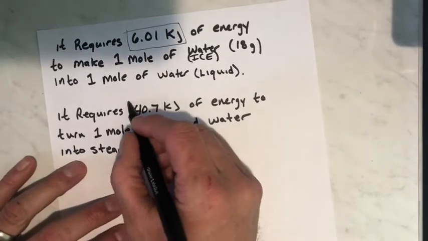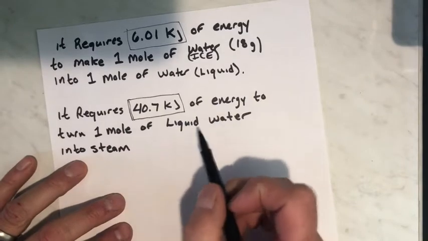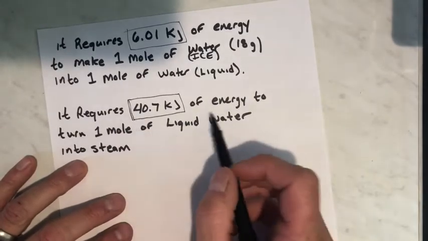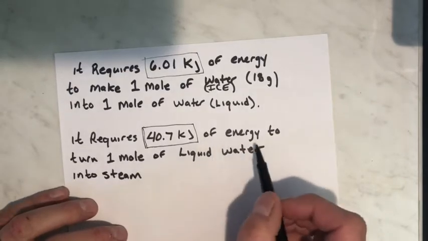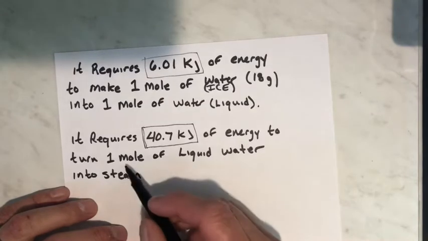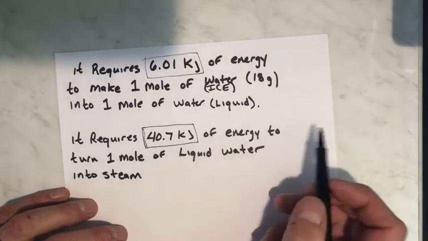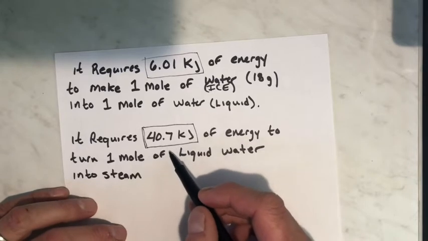And then this is known as the molar heat of vaporization right here, 40.7. It's a big number, right? And it requires a lot of energy to go between liquid and vapor. And so if you had 18 grams, that's 1 mole of liquid water, you'd have to put a ton of energy, 40.7 kilojoules of it, to get that to turn into steam.